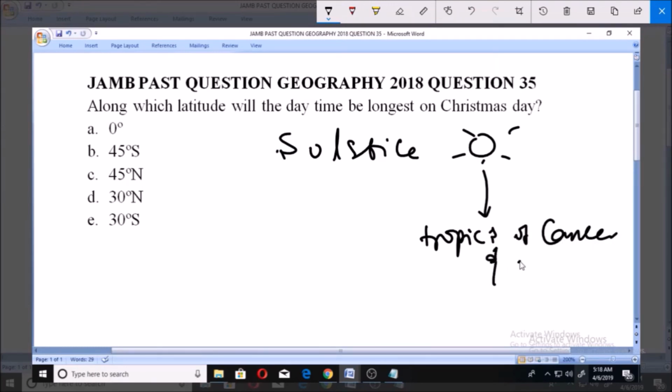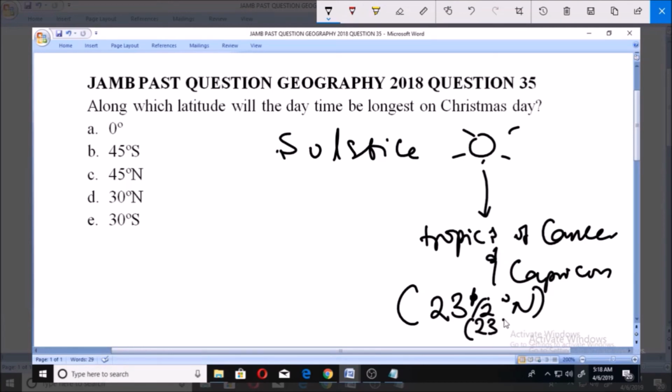That is always at 23.5 degrees north for the Cancer, and for the Capricorn 23.5 degrees south.